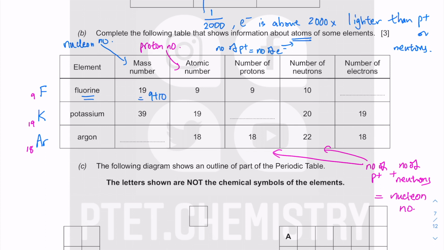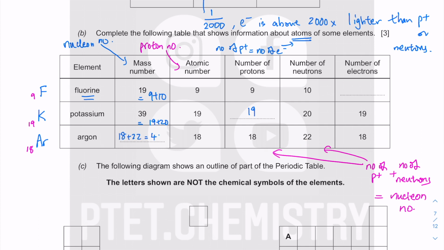Okay, so here I have atomic number 19. Atomic number tells me the number of protons in the nucleus of an atom. So if I have 19 protons and 20 neutrons, 19 plus 20 gives me 39. Now I have atomic number, which is the number of protons, so they are the same, but this is the number of neutrons. How many nucleons do I have? 18 plus 22.